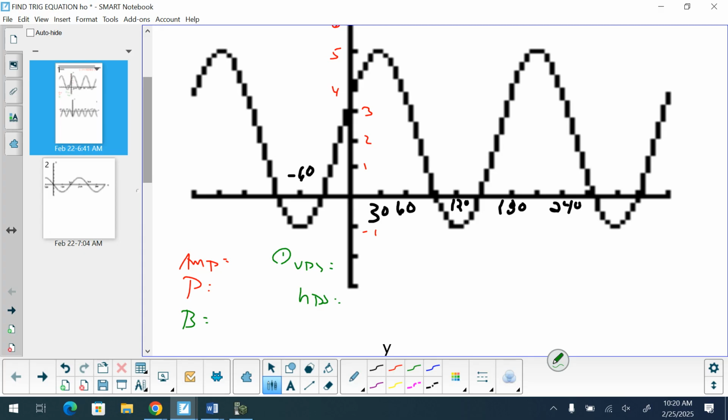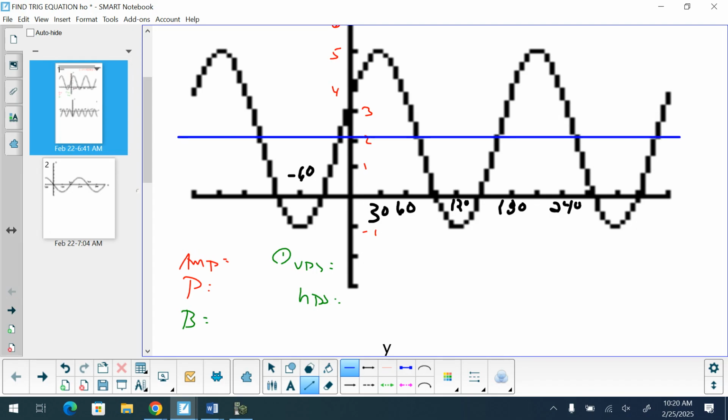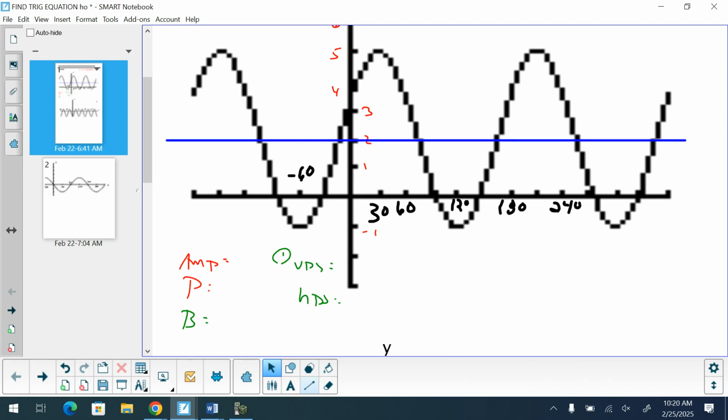Where could we draw in our prime axis? 2. Why do you say 2? Because there'd be 3 above and 3 below. That's exactly right. We want to split this in half, equal above and equal below. So I'm going to draw in my prime axis, which will give us our vertical phase shift at a value of 2.